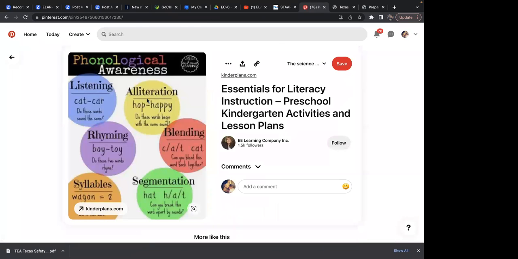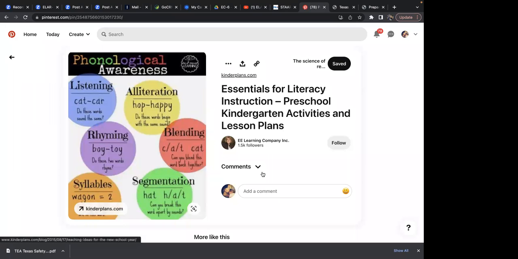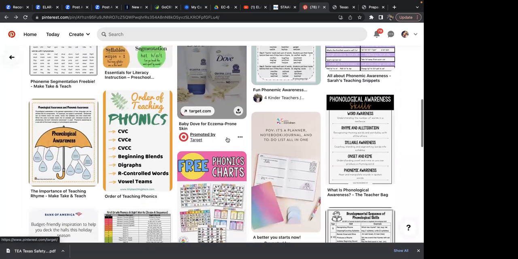Here are skills that they have to gain in reading. I'm actually going to save that to Science of Teaching Reading. They need listening, speaking, alliteration, blending, segmentation, rhyming, and finding the syllables. These are kinder and sort of preschool skills.